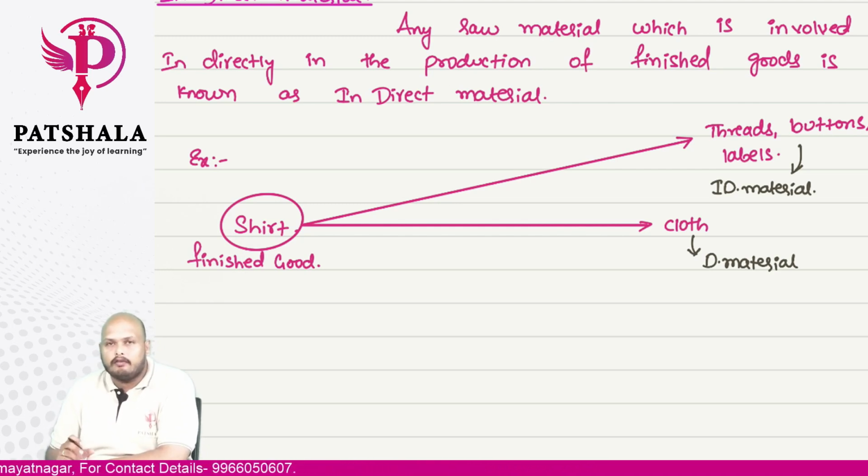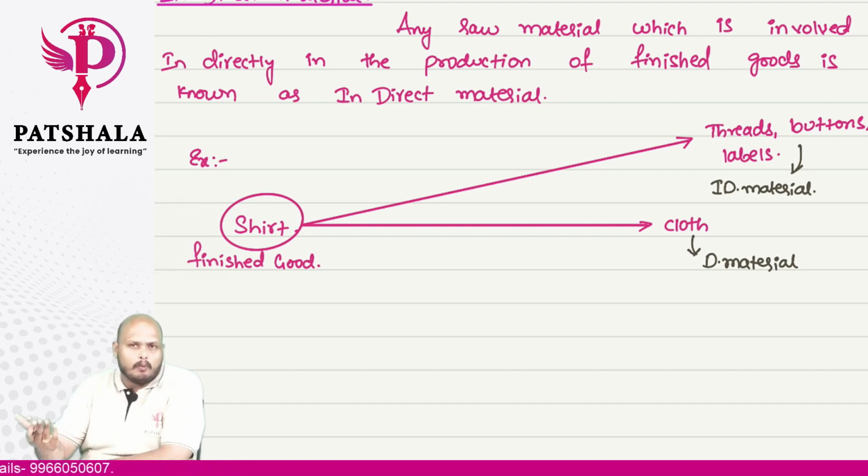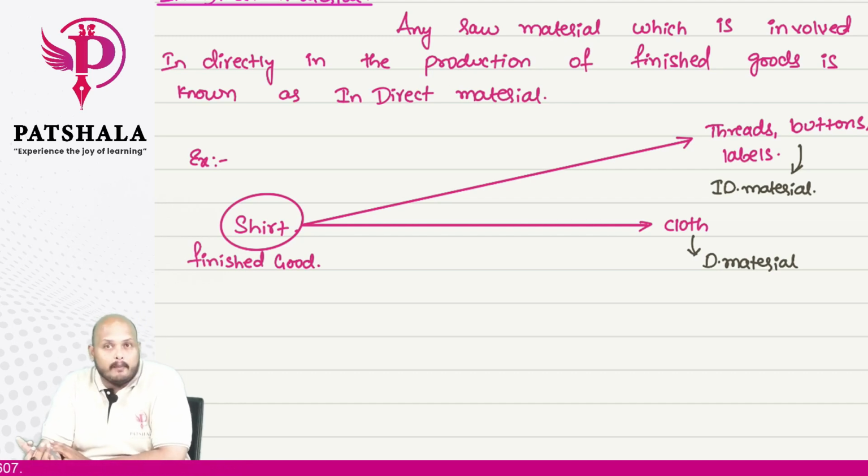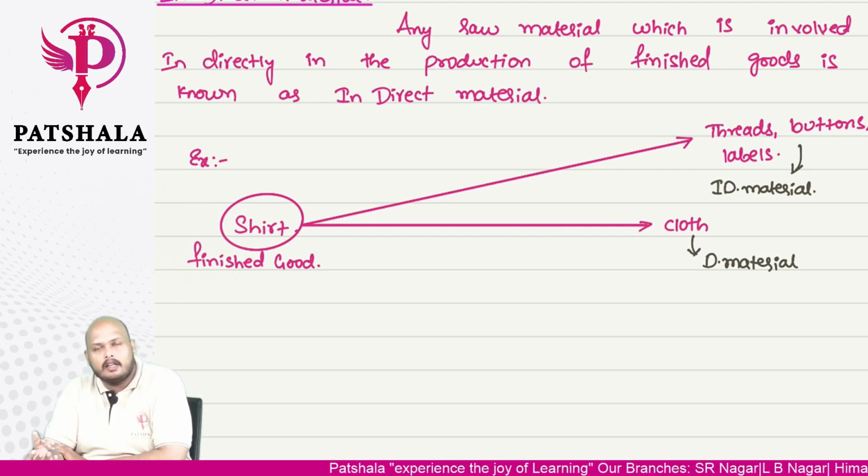So this is the first element of cost. We can take one more example also. Wooden table, you know wooden table, right? A wooden table is a finished good which is ready for use. But to manufacture the wooden table, what do we require? Wood we require, nails we require, fevicol we require, some other raw material is also required.